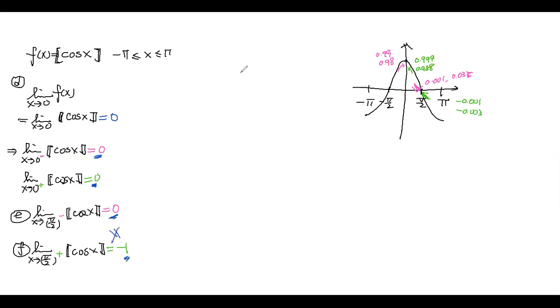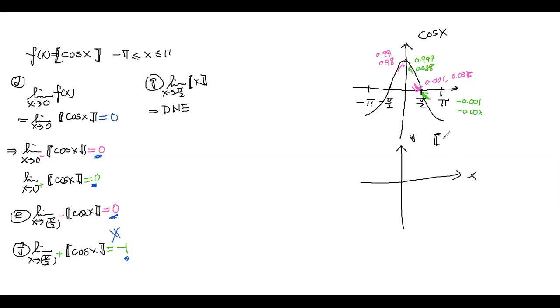If they are not equal, then what is the limit as x approaches pi over 2 of the greatest integer of cosine x here? What is the number? Does not exist, right? Because the right limit is not equal to the left limit. So in fact, this is the cosine x function, right? If you are interested, let's see what the greatest integer function of cosine x looks like.